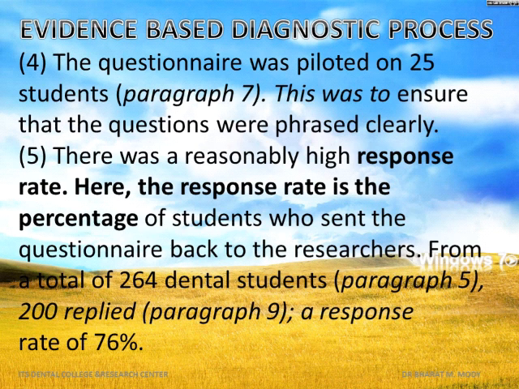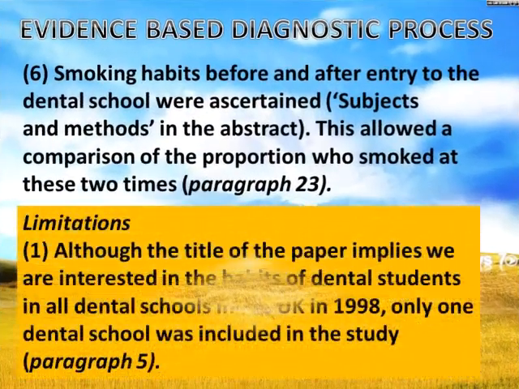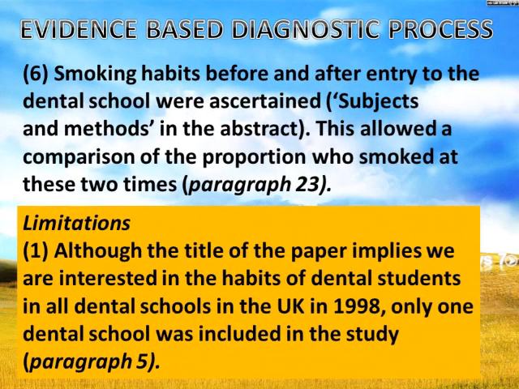And the response rate was very good, because it was a closed group. It was in a college where you could go personally and get the information from the student.